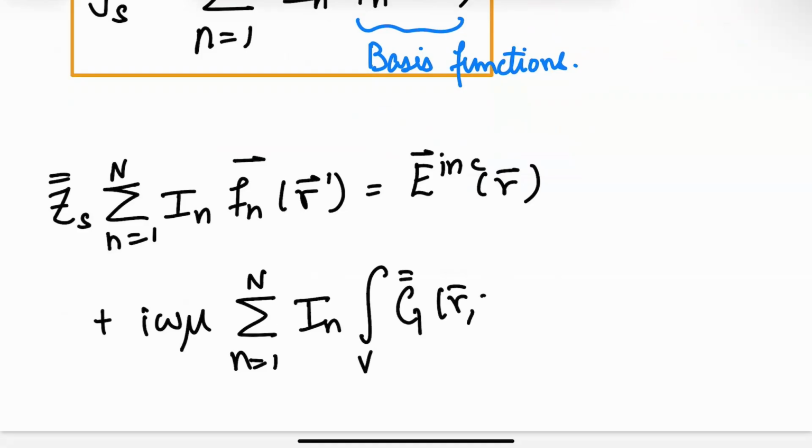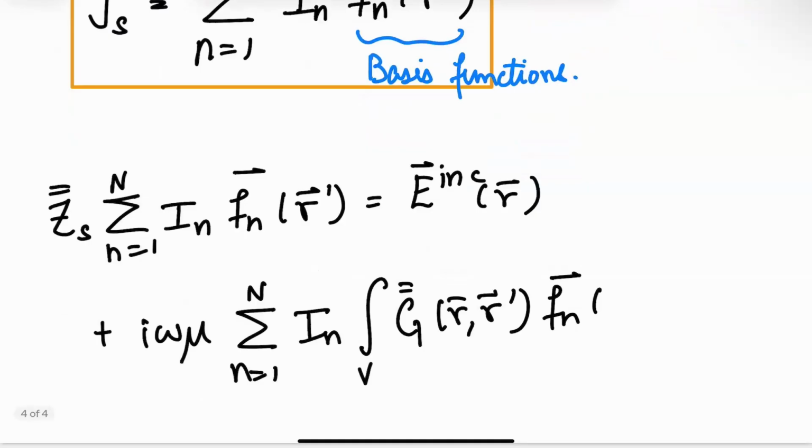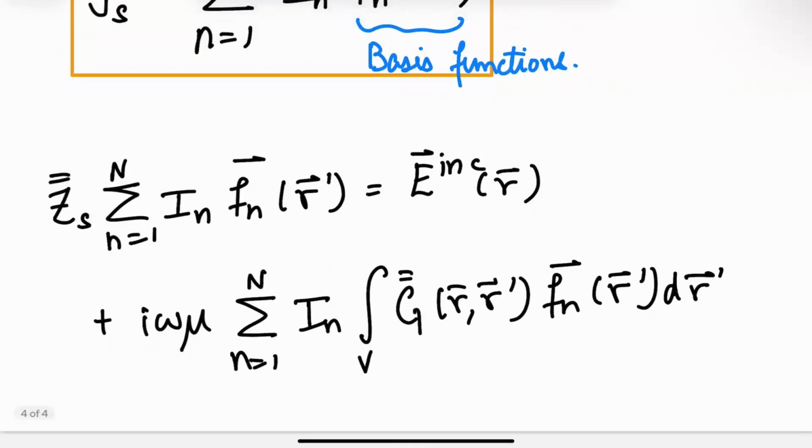Now the Green's function applies on these basis functions. Okay, this is a vector basis, not a scalar basis, because every basis function also needs to be a vector. So the sum of them makes up the original quantity, dr prime. So the nice thing about this equation now is that the only unknowns are I_n. We know what these basis functions are, so we can compute this integral in theory, right? We know what Zs is.